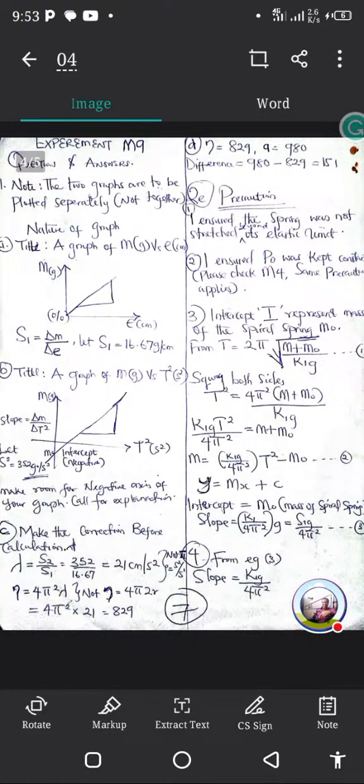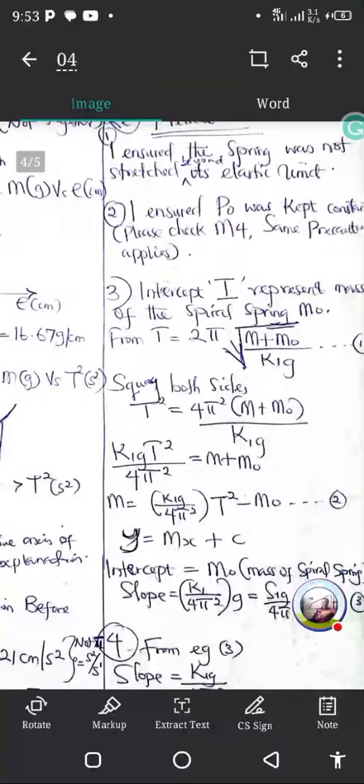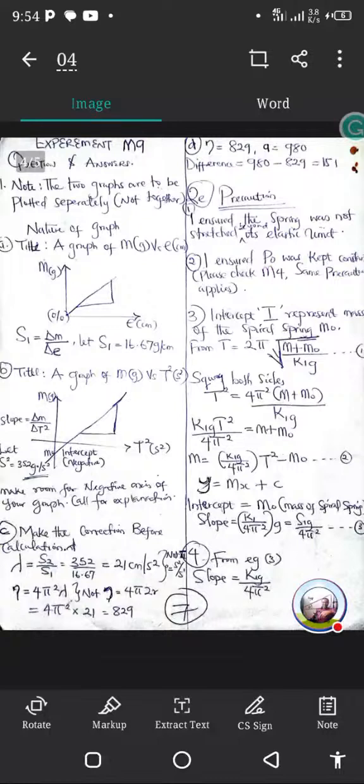Now, under question 2E, we have precautions. So you can see the precautions there. You can check them out and then check your own too. The spring was not stretched beyond its elastic limits, and of course you were prompt in taking your timing, stopping the stopwatch at the right time, and you ensured that the spring was released at a very small angle, so that the system oscillates in a uniform manner.